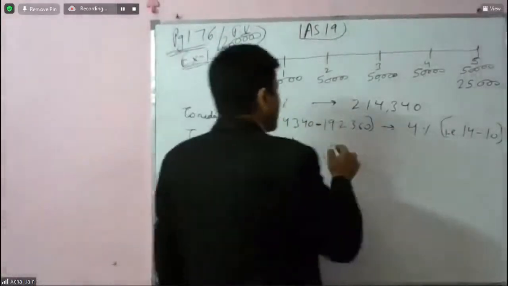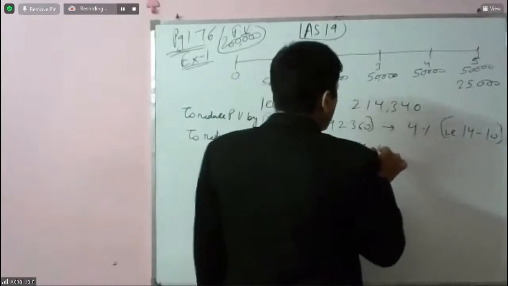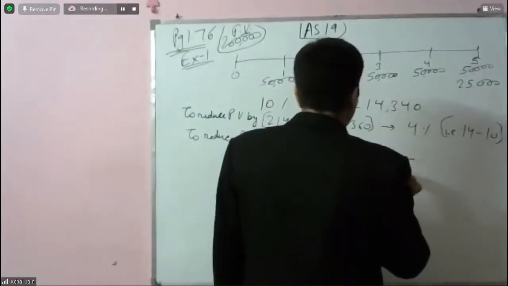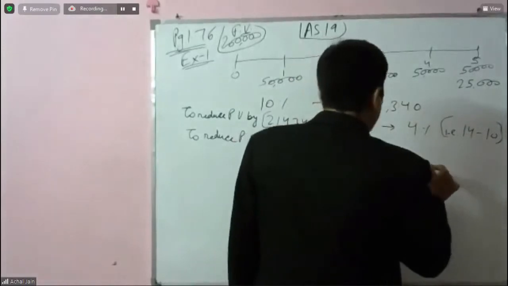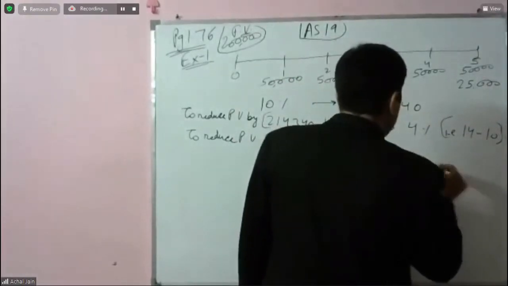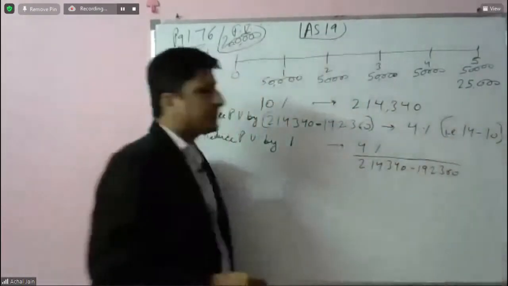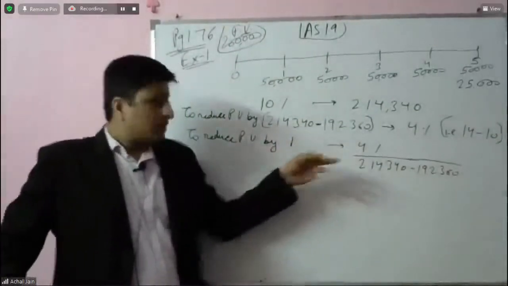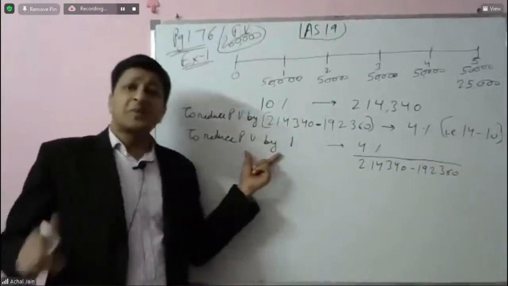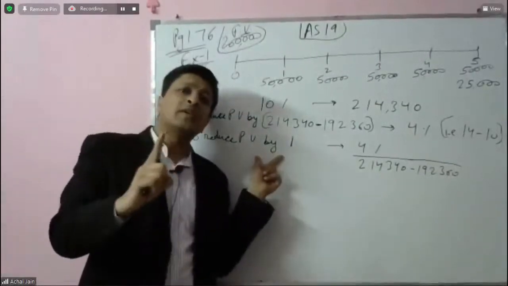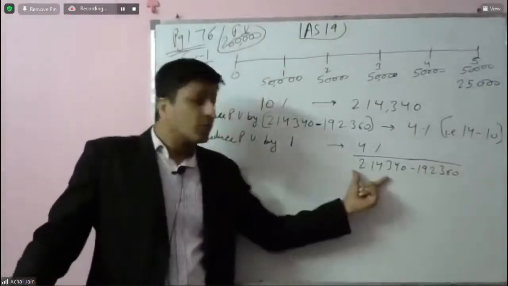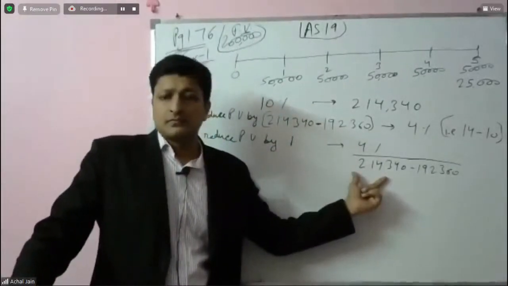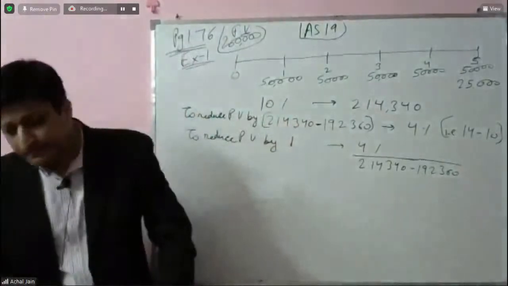Very simple. Apply the unitary method. 4% divided by 2,14,340 minus 1,92,360. Simply. So for reducing the present value by only 1 rupee, I'll have to reduce my discount rate by this much amount. Correct?